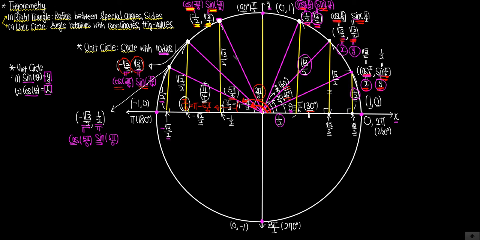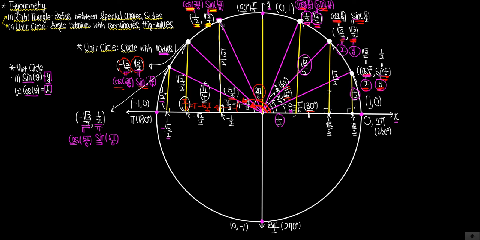Another thing I want to talk about is that if you want to measure acute angles, all you have to do is read the coordinate to get the x and y, cosine and sine values. However, if you get to an obtuse angle, greater than 90 degrees, we always need to think about it inside the acute triangle with the acute angle and the right angle like this, because it's hard for us to read the coordinate using the obtuse angle.